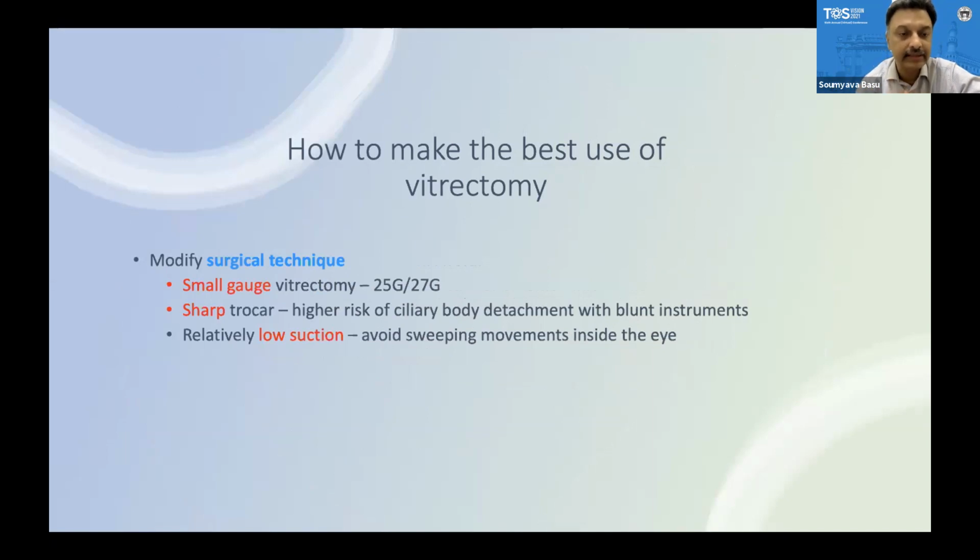Some of the things that you need to keep in mind are to use small gauge vitrectomy, 25 or 27 gauge. Make sure your trocar is sharp, especially when you're reusing the instruments. Keep relatively low suction and avoid doing any sweeping movements with the cutter inside the eye.